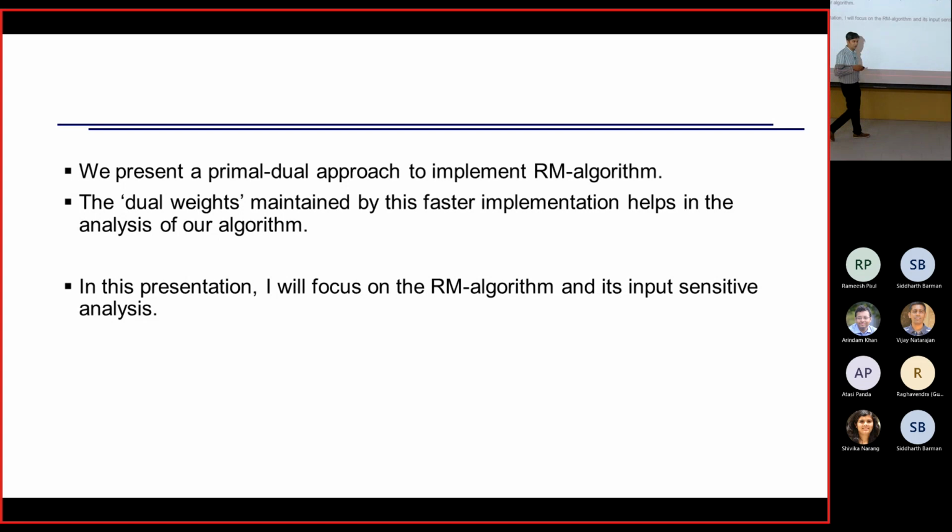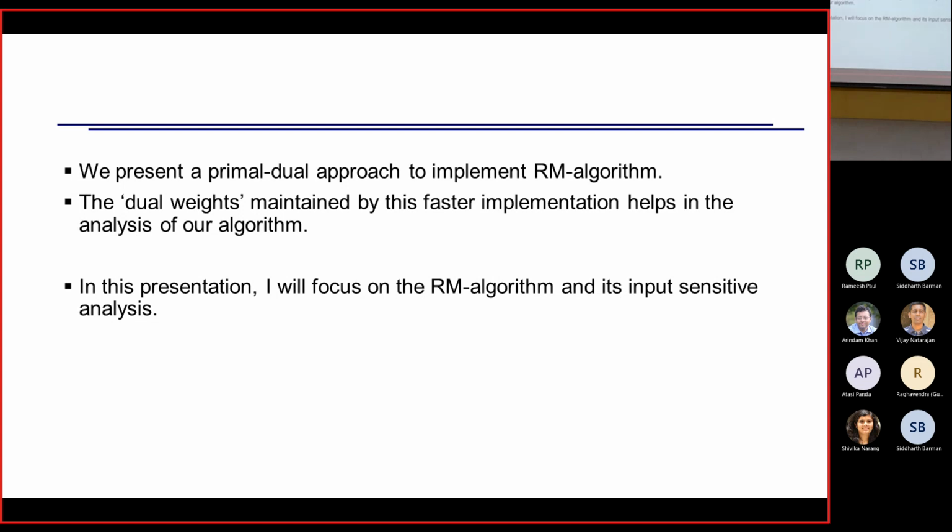There's a bigger message I want to convey, and maybe it's obvious to the online algorithms folks. When I present the robust matching algorithm, underlying that is an implementation of that algorithm. That's a primal-dual implementation. I'll talk a little bit about that, but what's interesting is that implementation was the key to many of our results. We used a primal-dual method, and we assigned dual weights to these requests and servers.